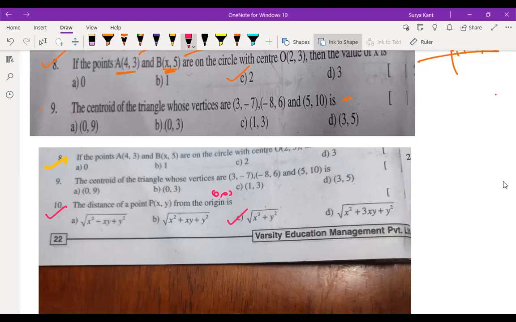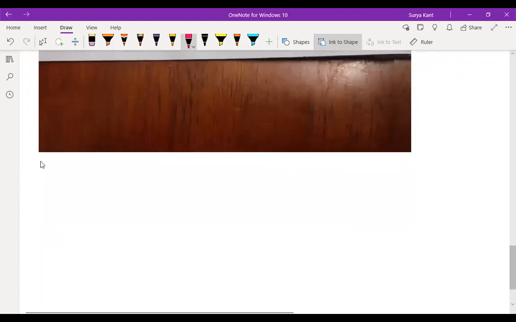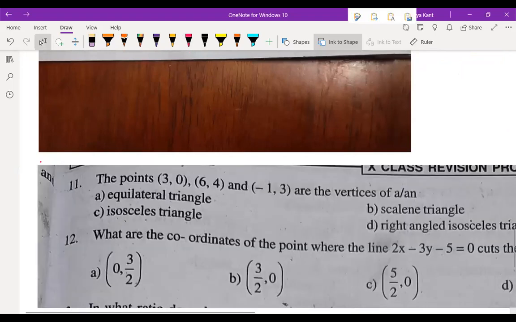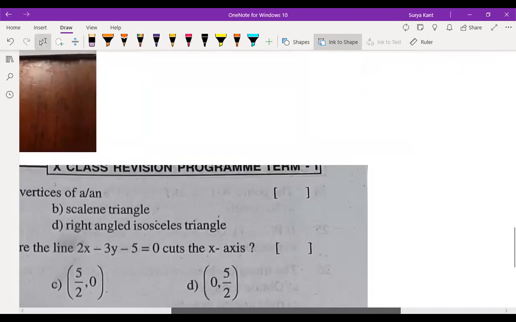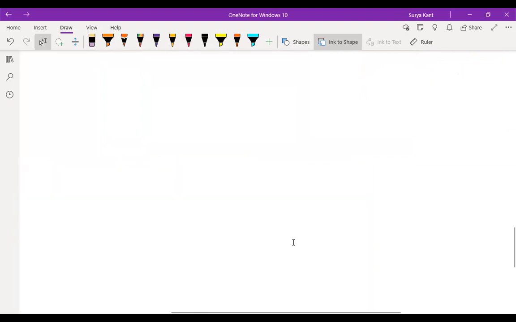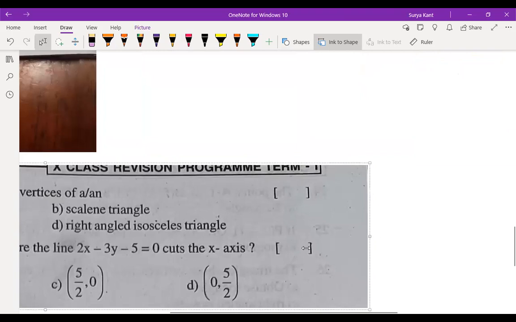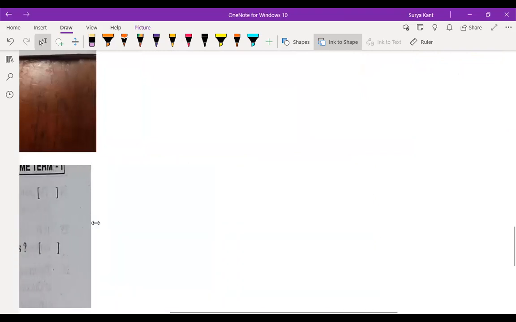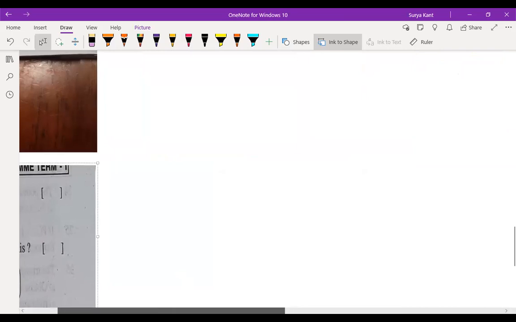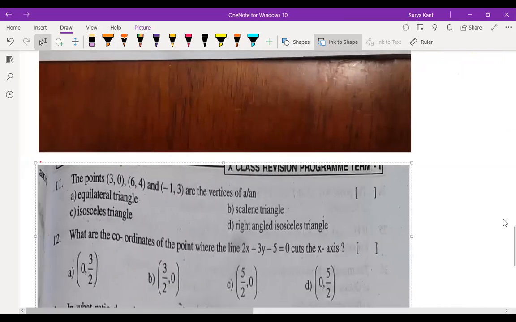All of you tell the answer for the 11th and 12th. Yeah, tell me the answer to the 11th one.